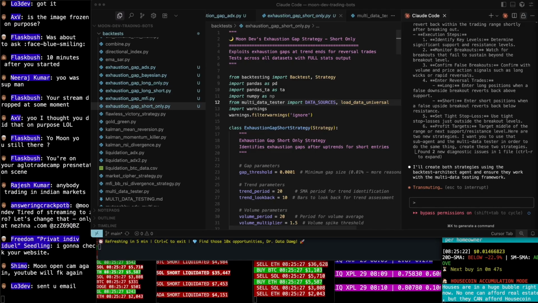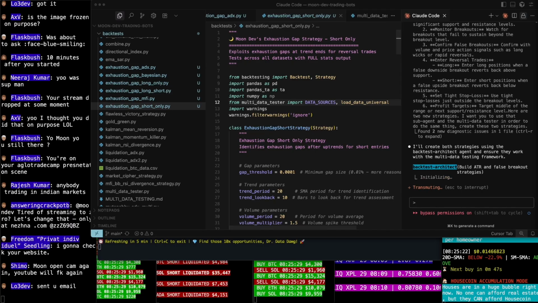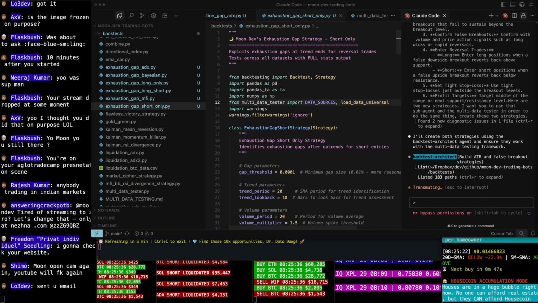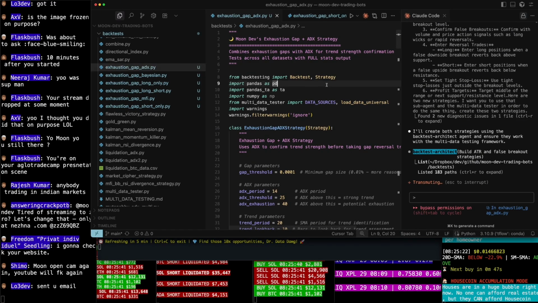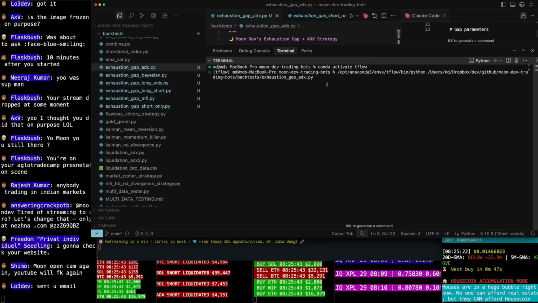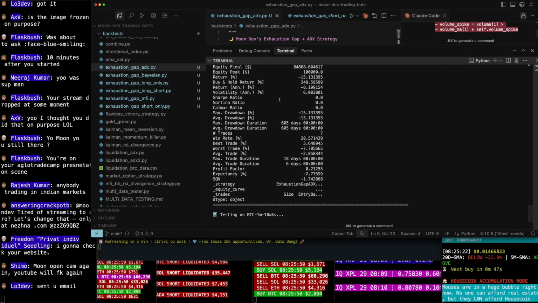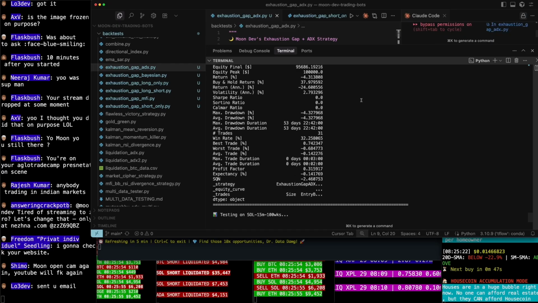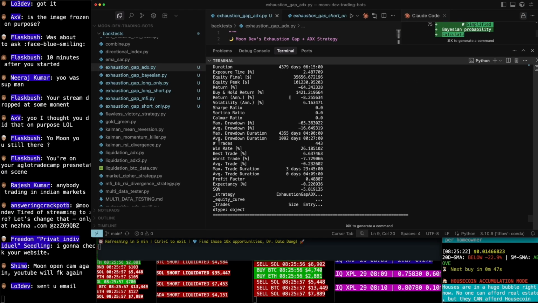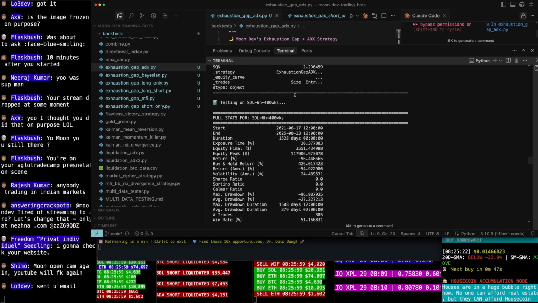Okay, so I'll create both strategies using the backtest architect. So we have a sub agent here that will do that for us, which is sick because now I don't have to do it by hand. And as you saw here, essentially what it does is it creates a backtest and then tests that backtest against multiple different data sources, like ETH data, BTC data, Apple data, etc. You can see it's running through all the backtests as opposed to doing it one step at a time.